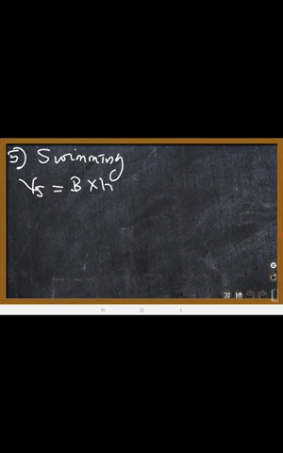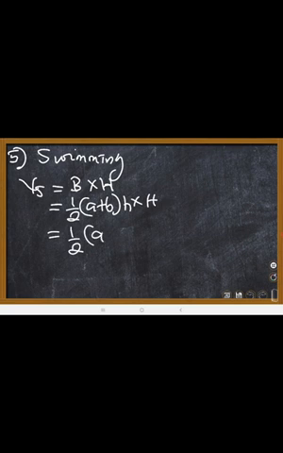Remember, the base is a trapezium, so the area of a trapezium is half times a plus b times h. Let's call this height capital H. So the volume of a swimming pool, which is a trapezoidal based pyramid, is half a plus b, letter h, times capital letter H.